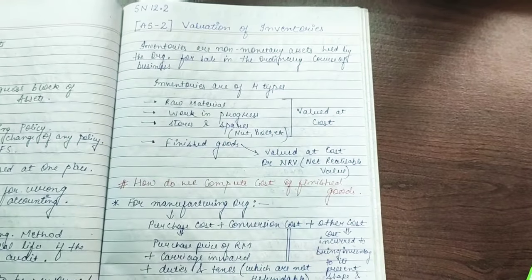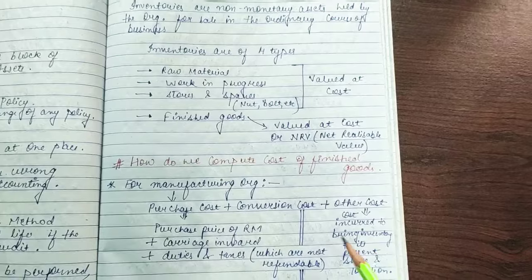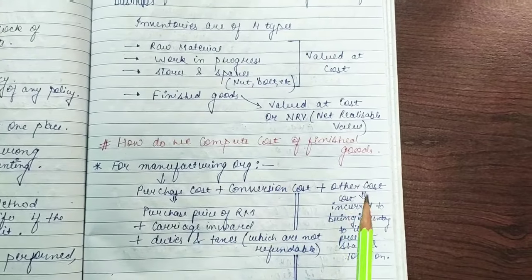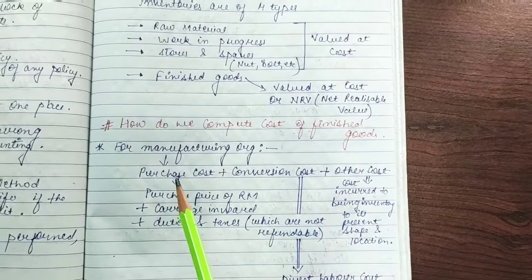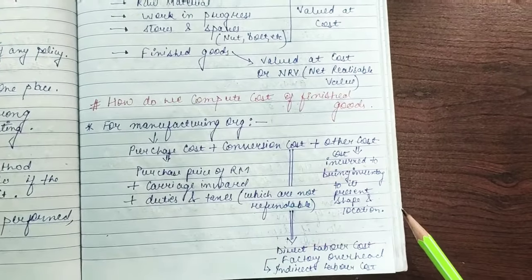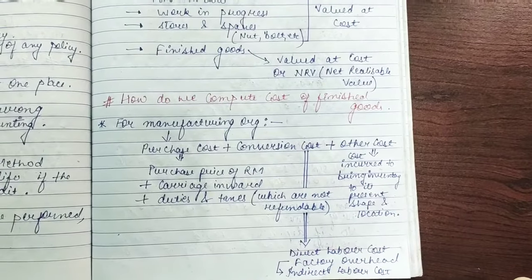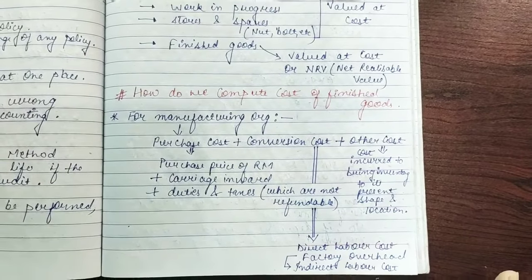So in this standard, basically we have to deal with the valuation of finished goods. So how do we compute the cost of finished goods? For manufacturing organization, for trading organization, and for retail organization, there will be 3 different types of cost computation of finished goods.